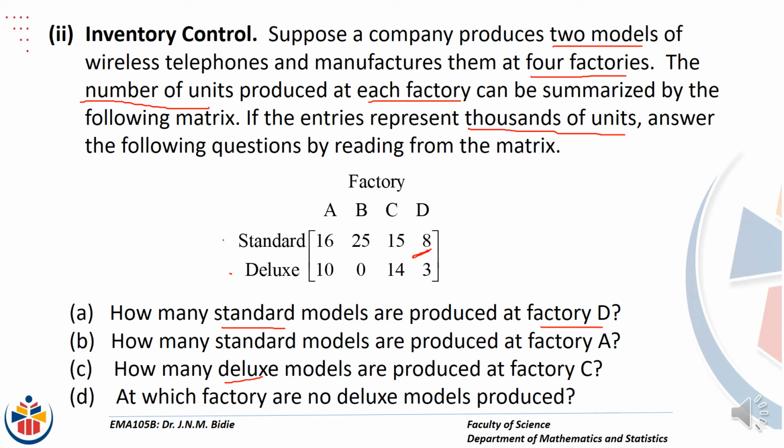Deluxe models in C, that means we're looking at 14. Then we can answer D: at which factory do we find no deluxe models produced? That means we can see that it's B. And then how many standard models are produced at factory A? Standard models in A, that means it's 16.